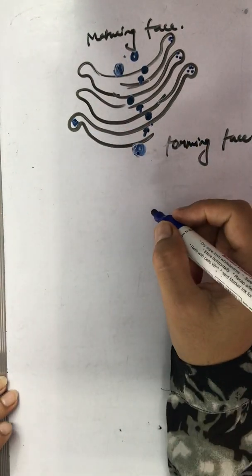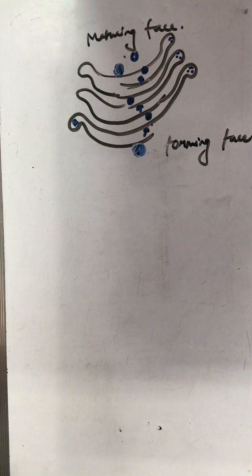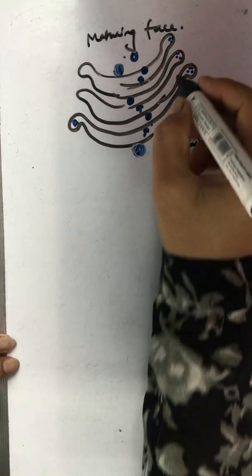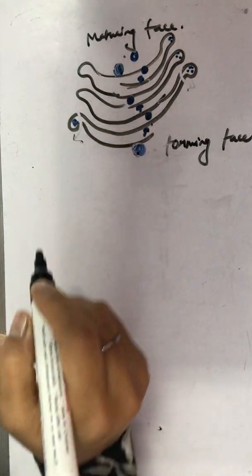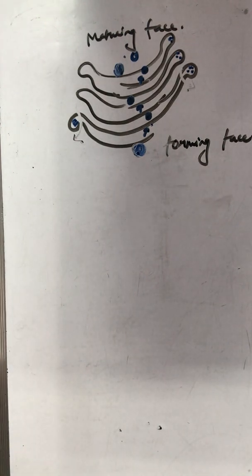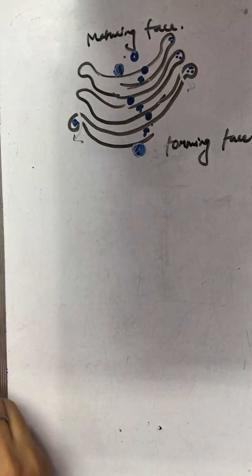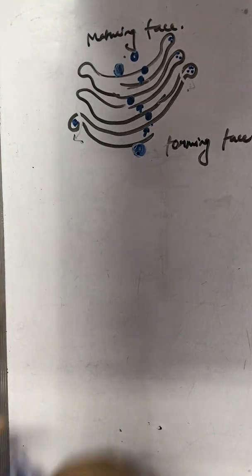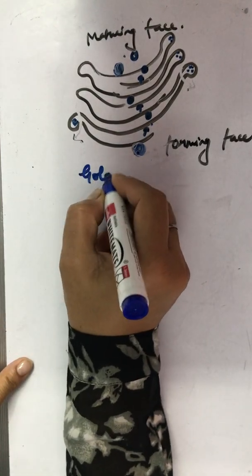And some of it during the packaging time, some of the material which gets concentrated in the corners may detach later on, becoming the lysosomes. So here they are also known as the packers and the movers of the cell. This is Golgi bodies.